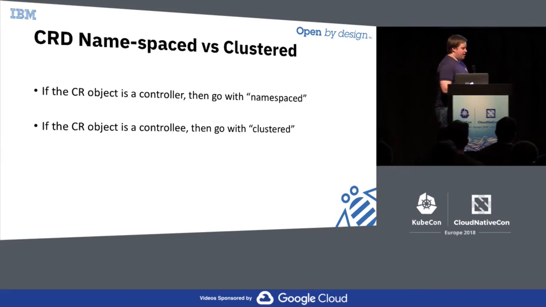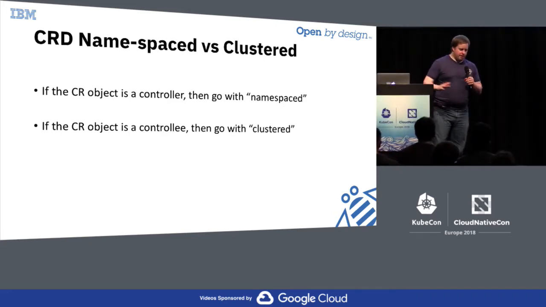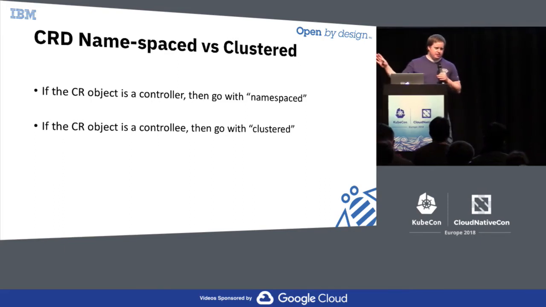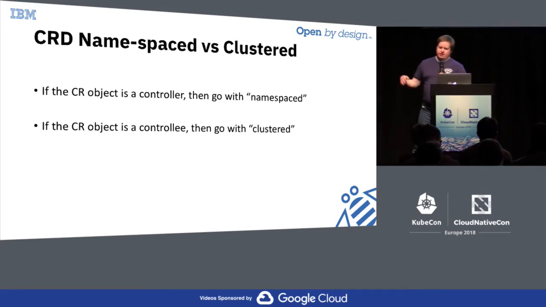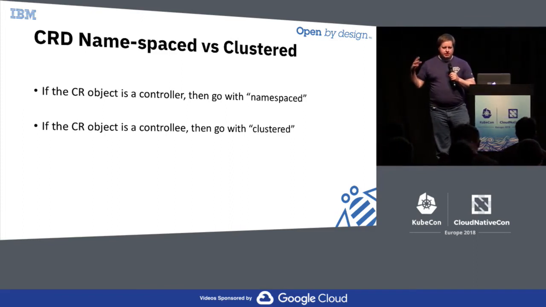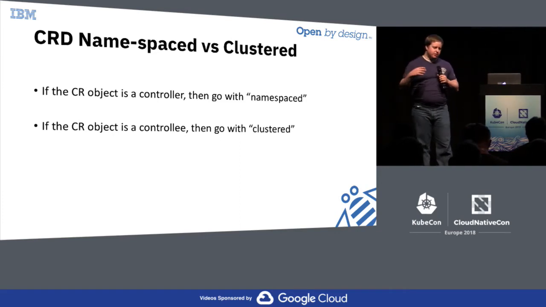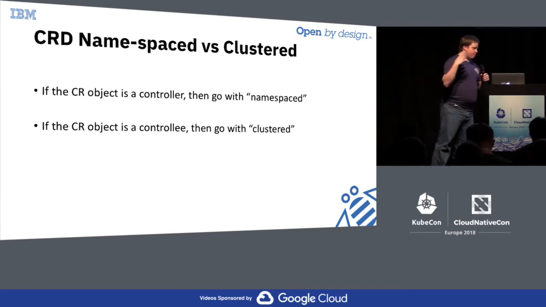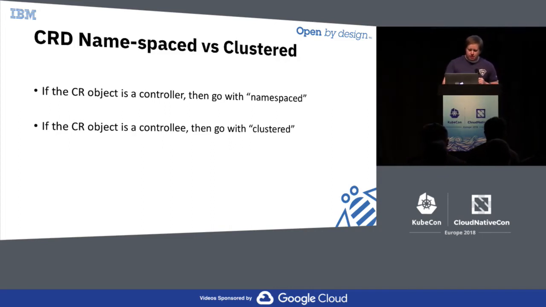But if it's a controllee pattern, you want to put your CR in the global namespace or in a special namespace that nobody can normally touch, except for your controller, so that it's isolated and people can't touch it because they shouldn't be. It's really a consumer only, and you can use RBAC to enforce all of these things.